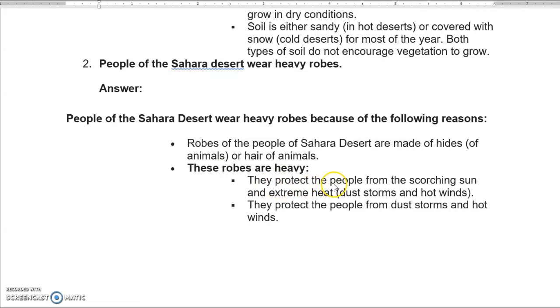Because they protect the people from the scorching sun and the extreme heat. Okay, then they also protect the people from dust storms and hot winds. That's why the people of the Sahara Desert wear heavy robes.